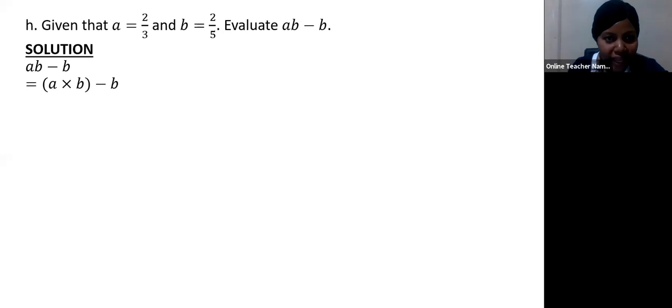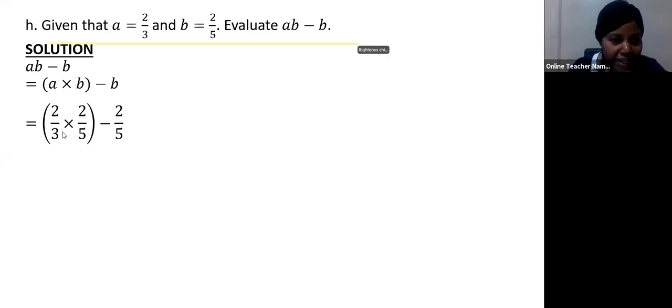Then where there's A, we'll replace a 2/3. And where there's B, we'll replace a 2/5. Then we are going to solve the way we solve ordinary fractions, where when you are multiplying fractions, multiply the numbers on top on their own.